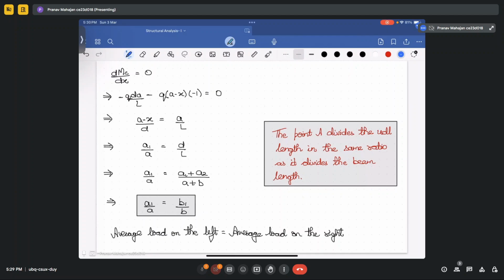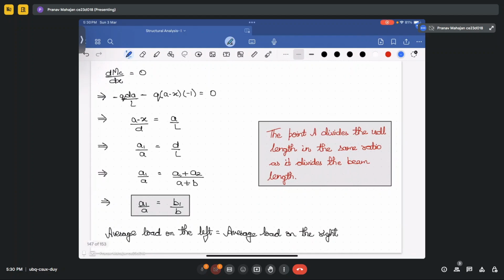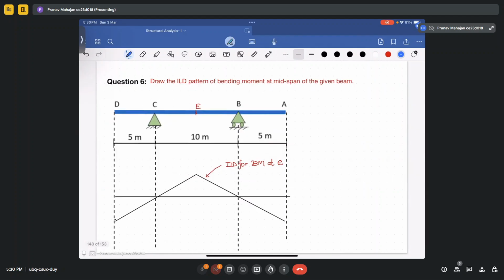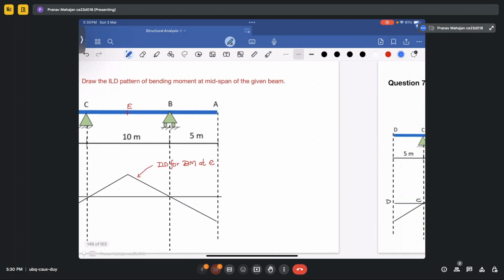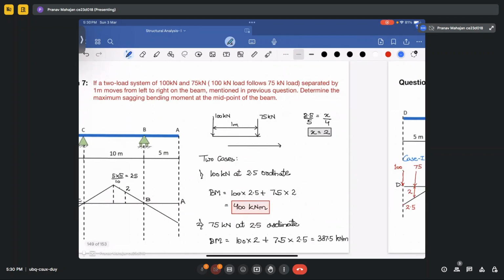Or in other words, in the same ratio in which the beam is divided into two parts, the load should be divided so as to obtain the maximum bending moment.